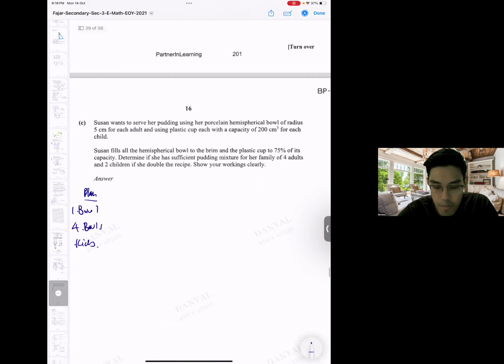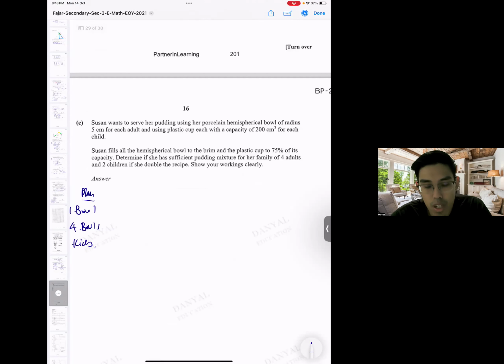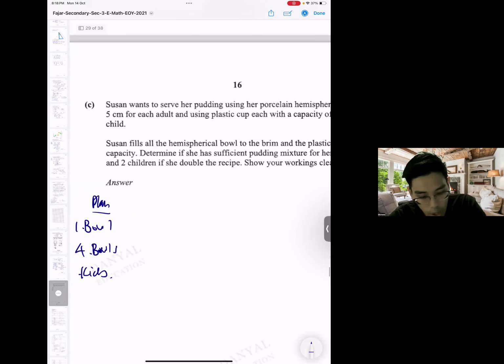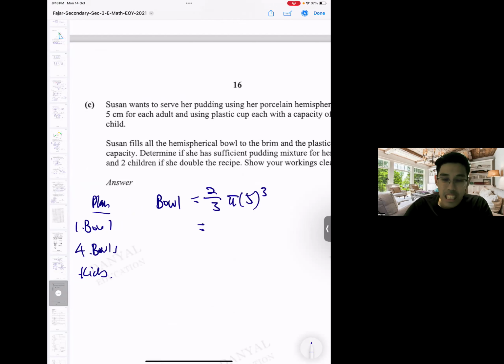That's the general idea. Let's find it first. A hemispherical bowl means half of a sphere. So one bowl will be 2/3 pi r cube. Let's write it down: 125 times pi times 2/3. Why 2/3? Because the full sphere is 4/3 pi r cube, so half the sphere is 2/3 pi r cube.